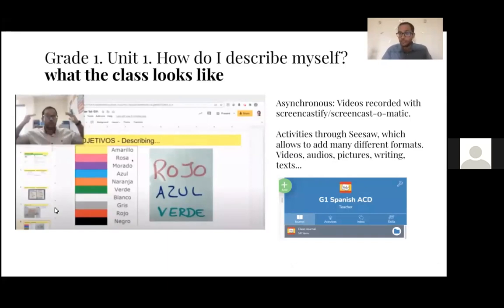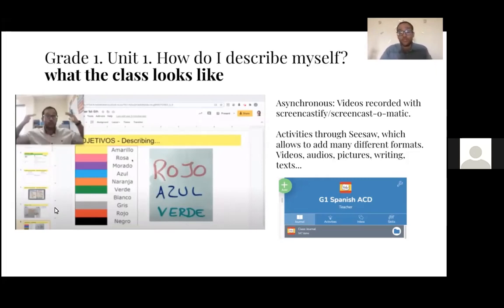For activities, before we were using many different formats for handing in work. For example, Flipgrid, Google Forms, Google Docs, many different apps and websites. But we discovered that for first graders, it was very difficult to keep track of where the work was supposed to be handed in.